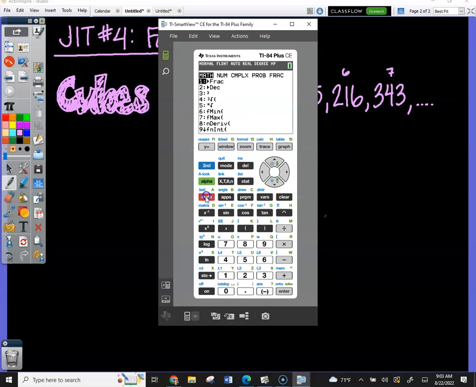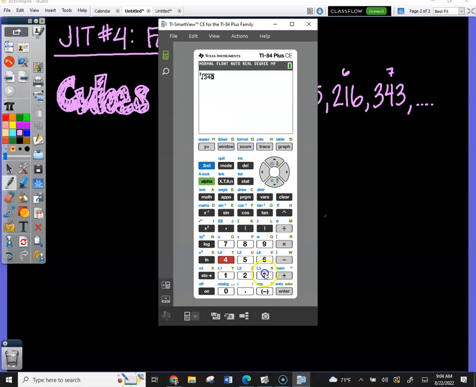It is the math button, and then it's number 4. You will notice it says little superscript 3, and then the square root symbol. That means cube root.